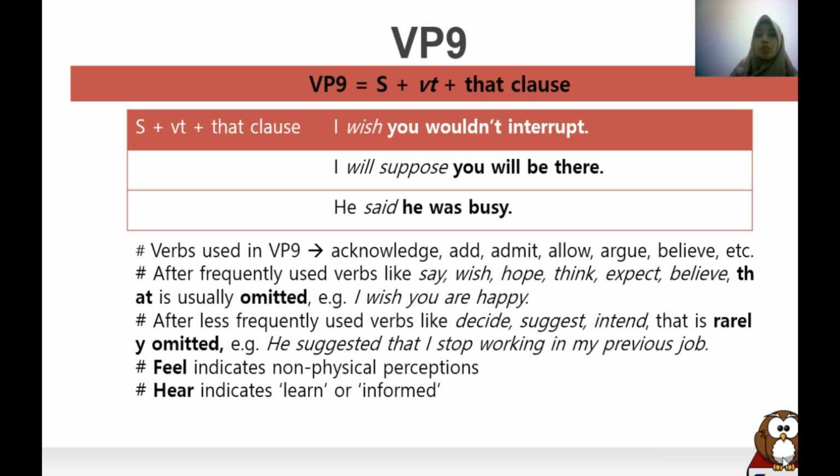For example, I wish you are happy. You don't need to say I wish that you are happy. But after less frequently used verbs like decide, suggest, intend that are rarely used, so you usually still keep the word that. Okay, for example, he suggested that I stop working in my previous job.